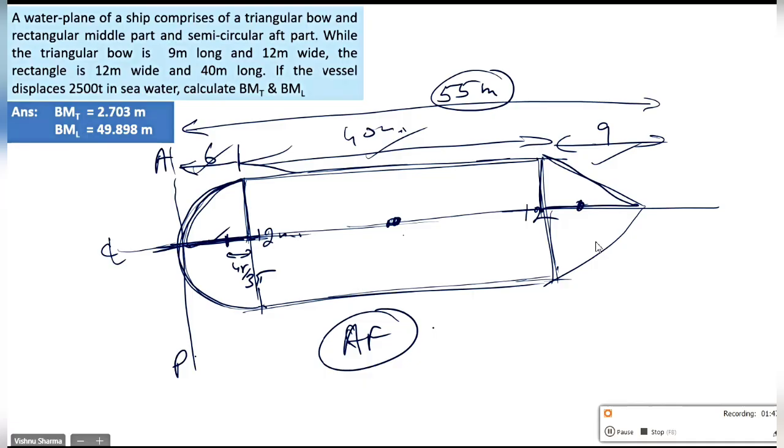Because concepts don't change between COP and BMT, BML, guys. So focus now on BMT, BML, focus on moment of inertia, how to calculate. That is what is important.